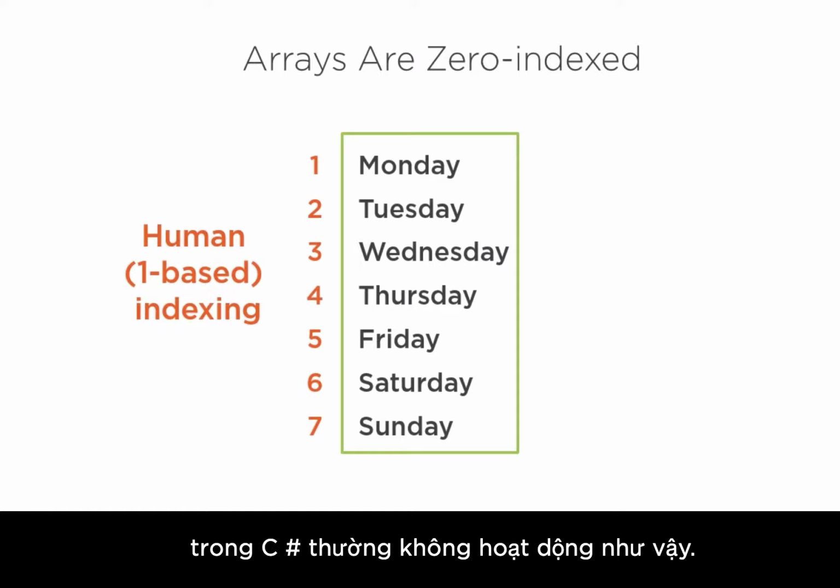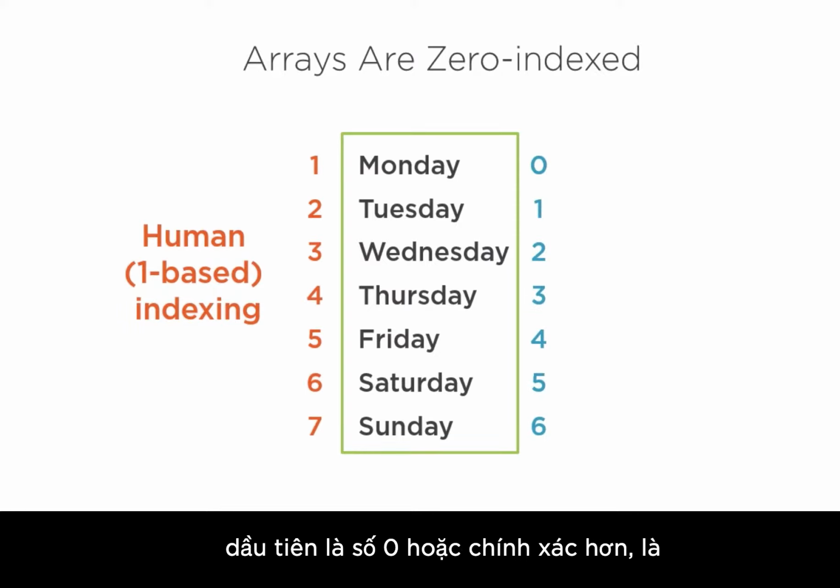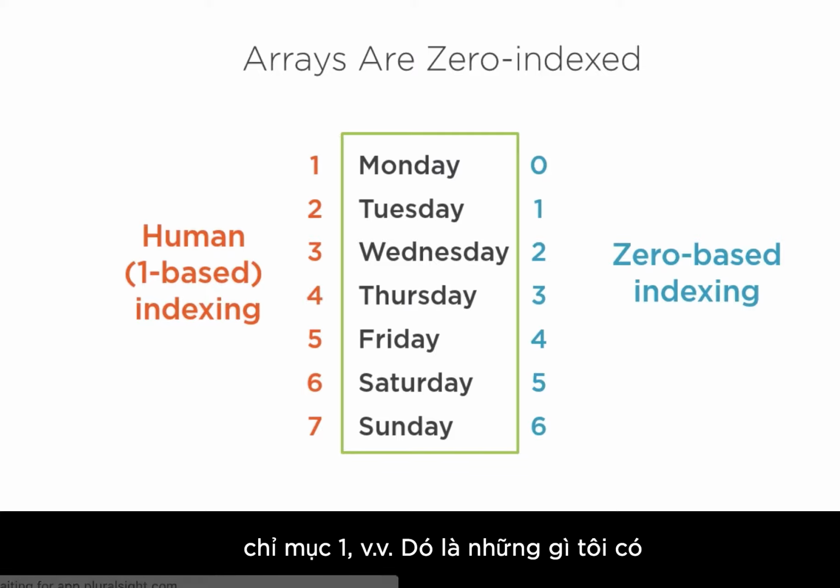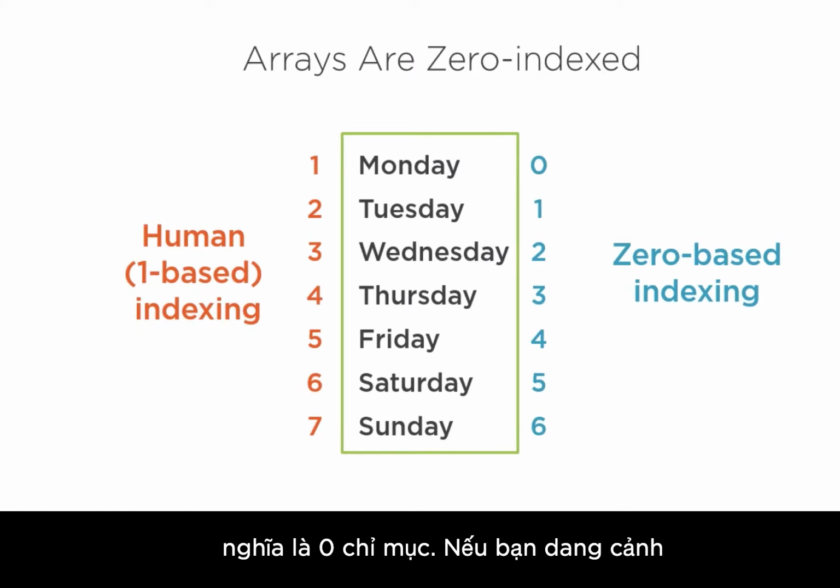Arrays in C# do not normally work like that. As far as C# arrays are concerned, the first element is number 0, or more correctly, has index 0, and then the second element has index 1, and so on. That's what I mean by zero-indexed.